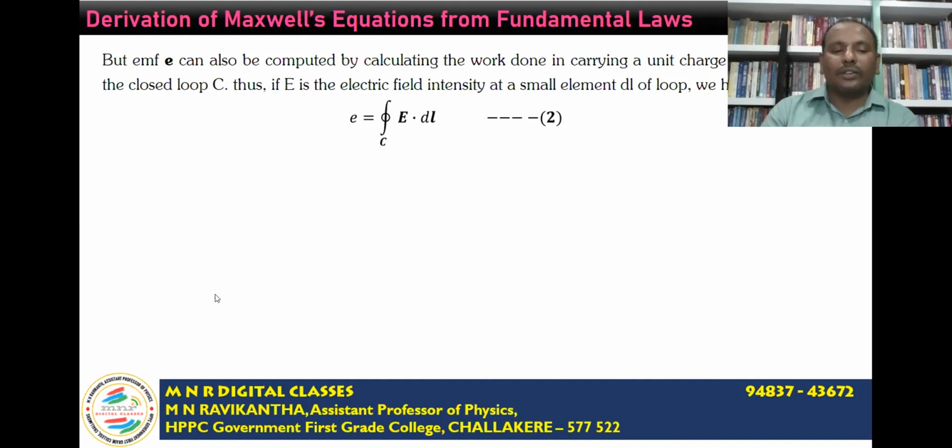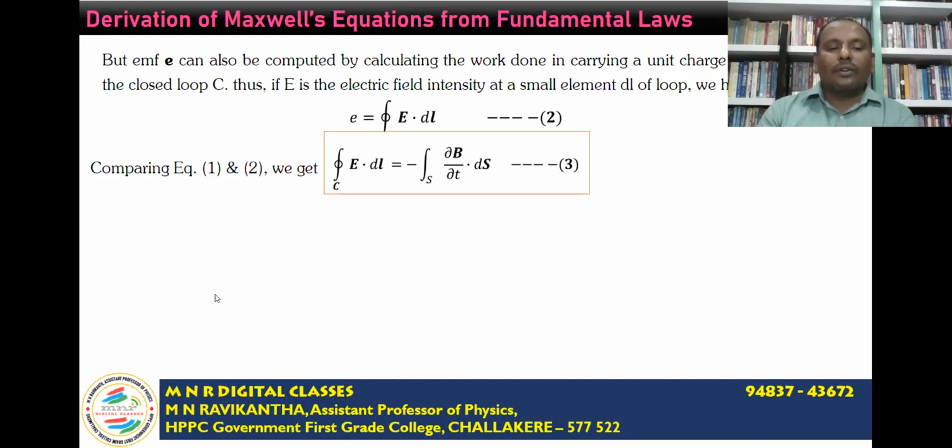Call this equation 2. So comparing equations 1 and 2, we get the closed integral of E bar dot dl bar is equal to minus the surface integral of dou B by dou t dot ds.